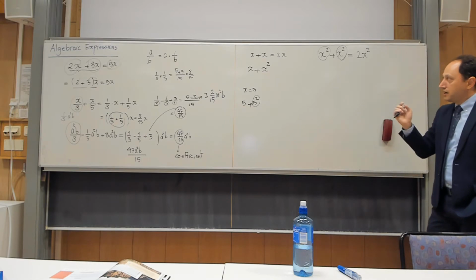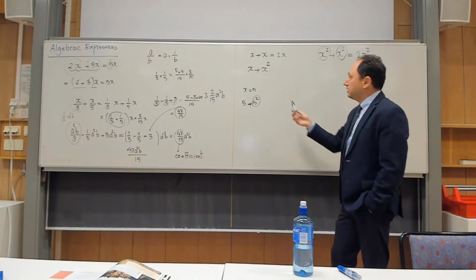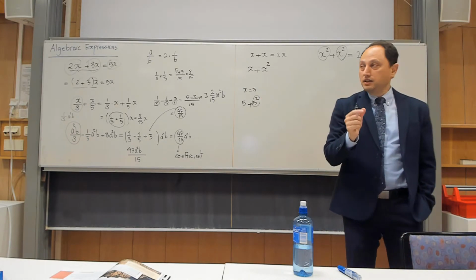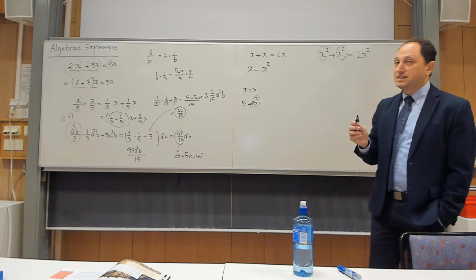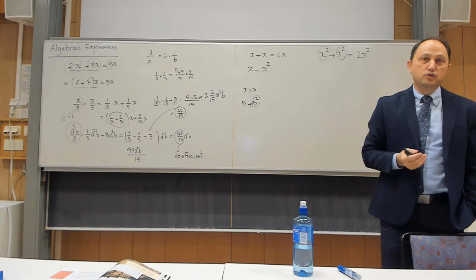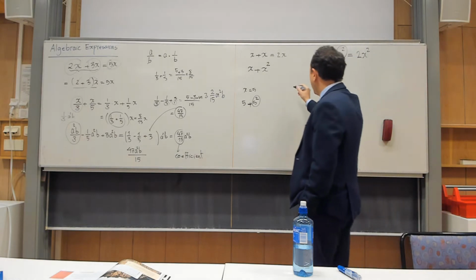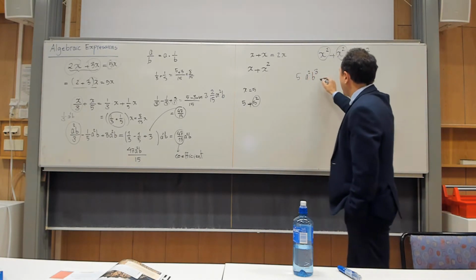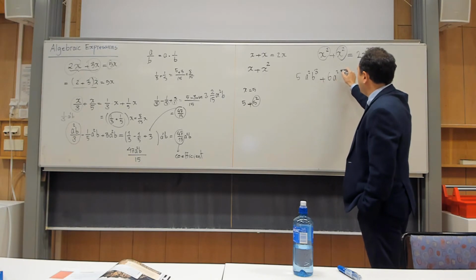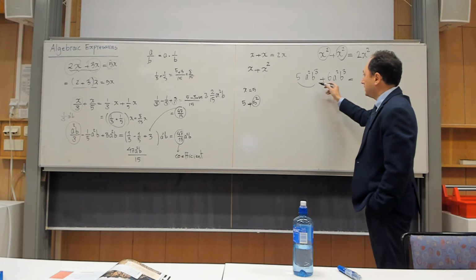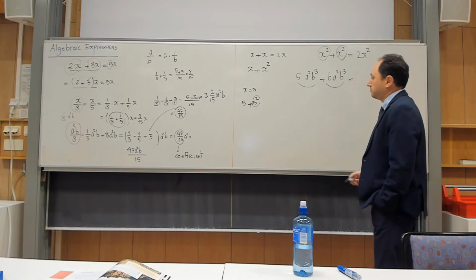So if I want to give you a rule of thumb, if you want to add or subtract algebraic expressions, they have to have the same letter part identically. And otherwise you cannot continue. For example, I can add 5a squared b cubed and 6a squared b cubed. This is possible. Because I would say that this term is similar to this term.